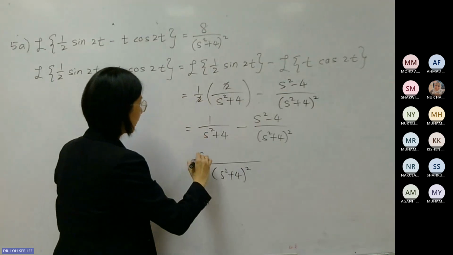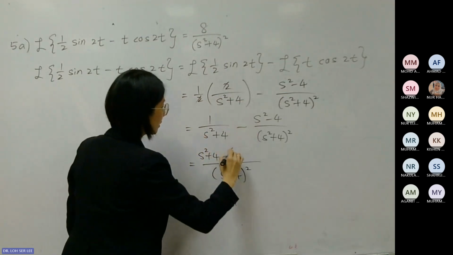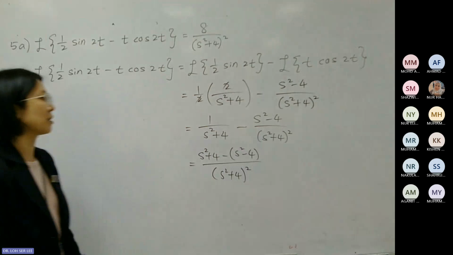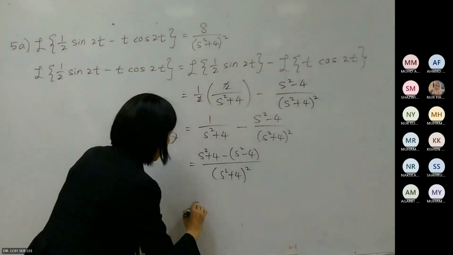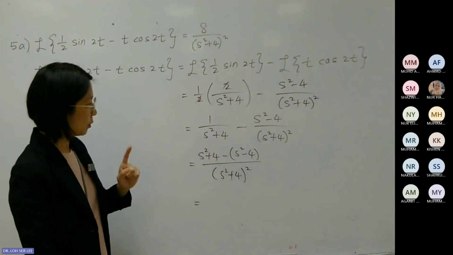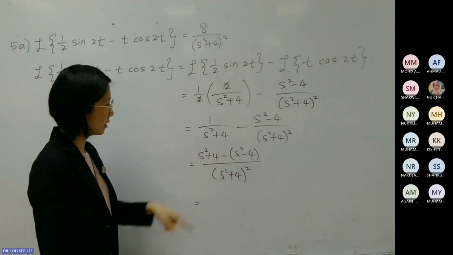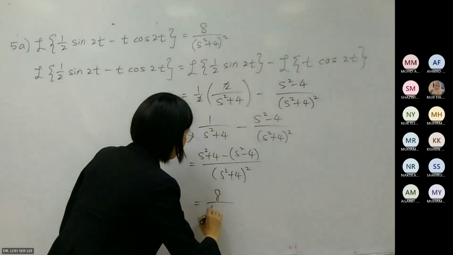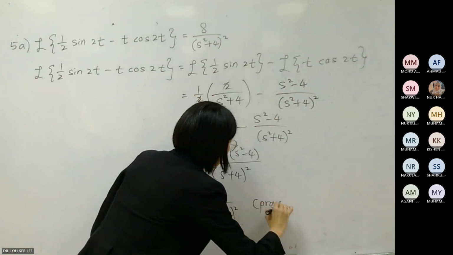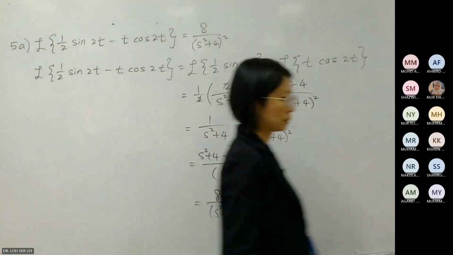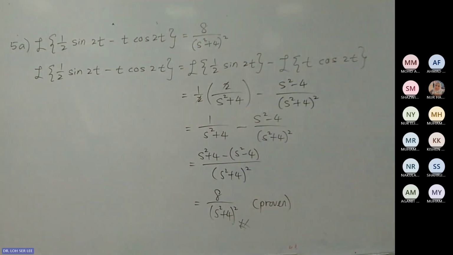Then simplify. s squared minus s squared, no more s squared. 4 minus minus, we get a plus 4, 4 plus 4, 8. We have done the proof that the Laplace of that function equals to this.